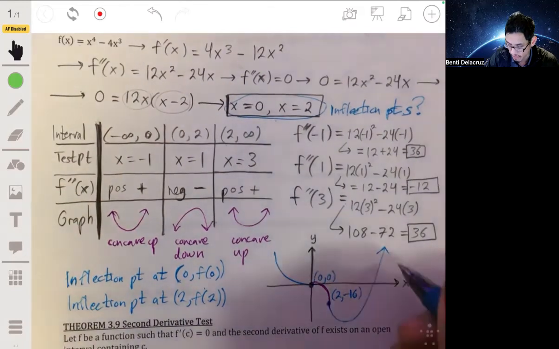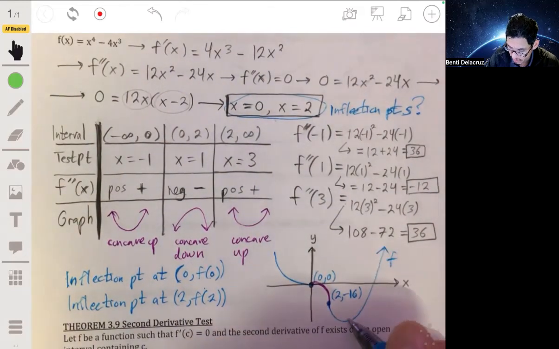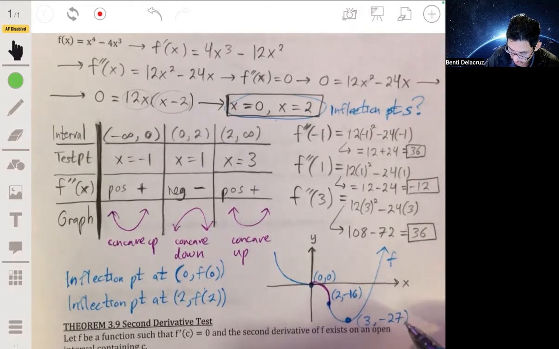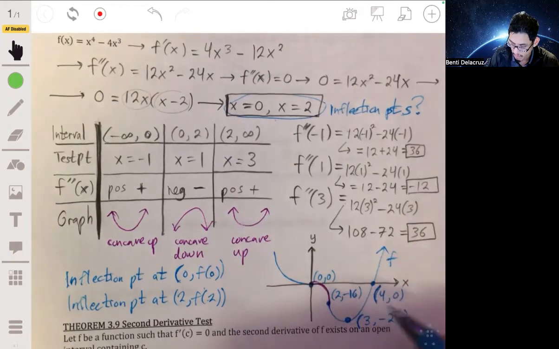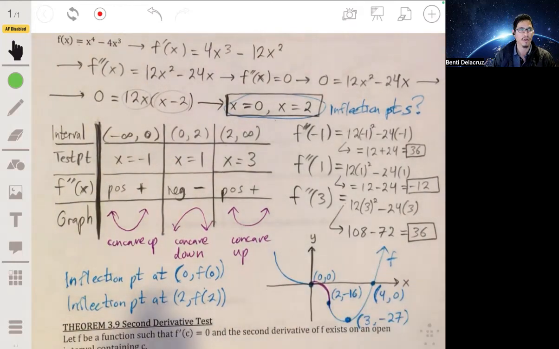The graph of f looks like this. And the minimum, if you were to calculate it, would occur at 3, negative 27. And the y-intercept would be at 42. Just to save you time, I won't go through all the work because the main focus is to understand concavity.